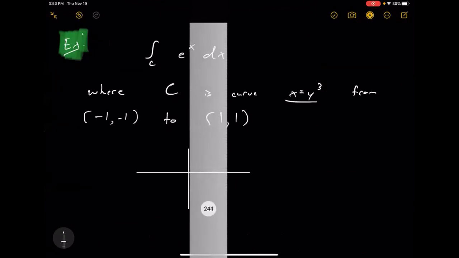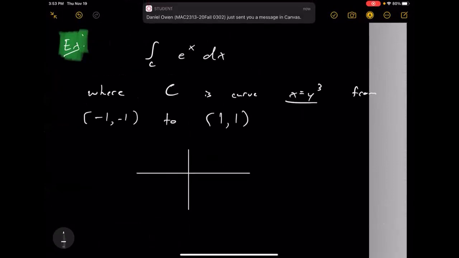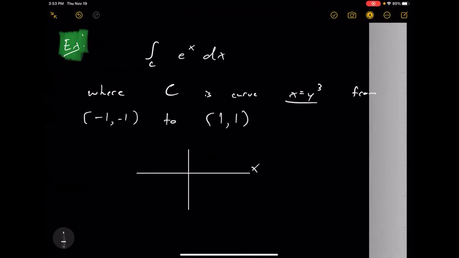What does it look like? Let's see, x equals y cubed. So let's see if this is x and this is y. x equals y cubed would look like... what would it look like?